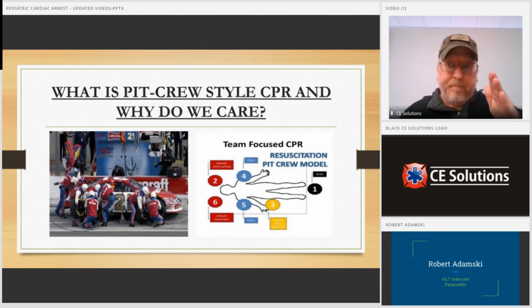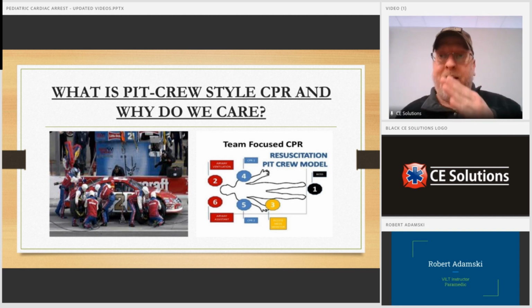So, for instance, if you as the leader see a problem with the ventilations, you notice that, hey, that chest wasn't rising and falling, you could talk to the two people that are managing that airway and say, hey, I need you to double check things and make sure you're getting air in when you squeeze that Ambu bag or that BVM.